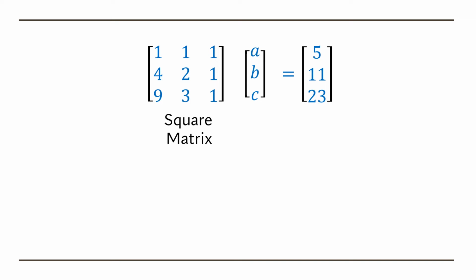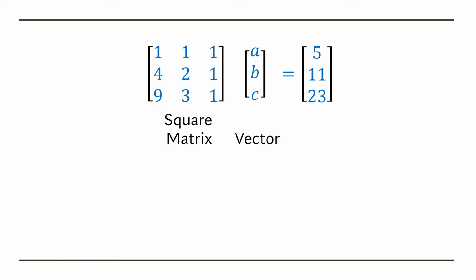Now the next box is a vertical box that has A, B, and C in it, and it is also a matrix. In this case, it is a 3 by 1 matrix. It has 3 rows and 1 column, and anything that has a 1 of either a row or a column is called a vector.